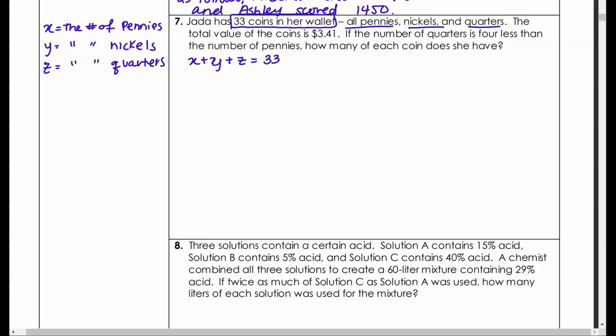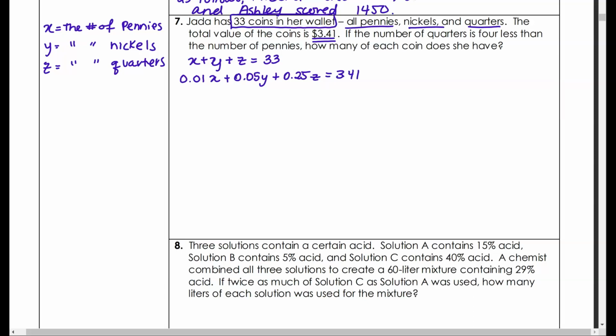The total value of the coins is $3.41. Okay, so total value, that tells me that I need to come into contact with the value of each item. So a penny, which is x, is going to be 1 cent, so 0.01x, plus y is a nickel, so it's going to be 0.05y, plus 0.25 for the quarter, which is z, and that's going to equal a total of 3.41.